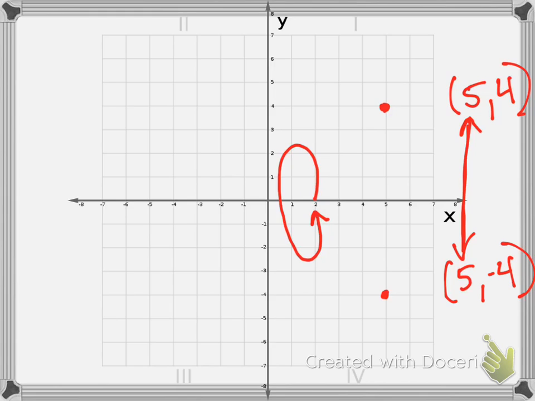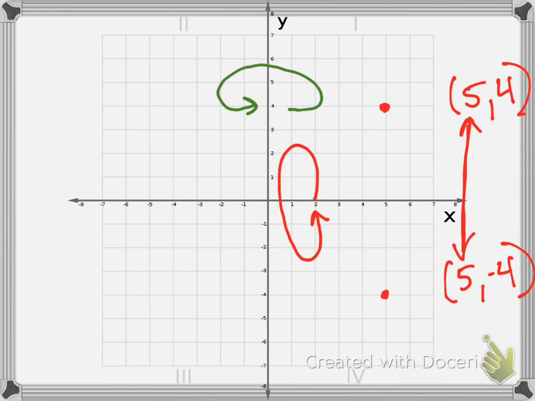Now, let's say I'm going to be flipping it about the y-axis. What number is going to stay the same as our original point right here? What number, Anita? The 4, because that's our y number. So we stay on the 4. What number is changing? Fernando?